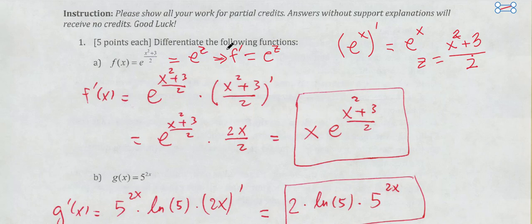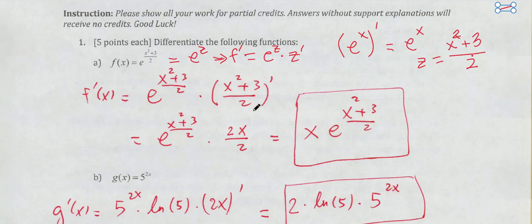When we take the prime, it should be e to the z, and we multiply by z prime because this is the chain rule. That's why the f prime here is e to the z, and z is x squared plus 3 over 2. Remember, at the end, we must plug back everything in terms of x and multiply by z prime, and z prime is this function.